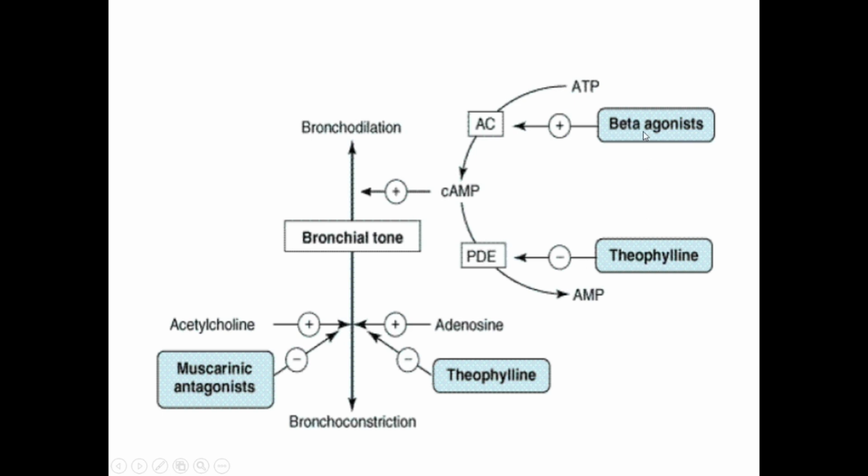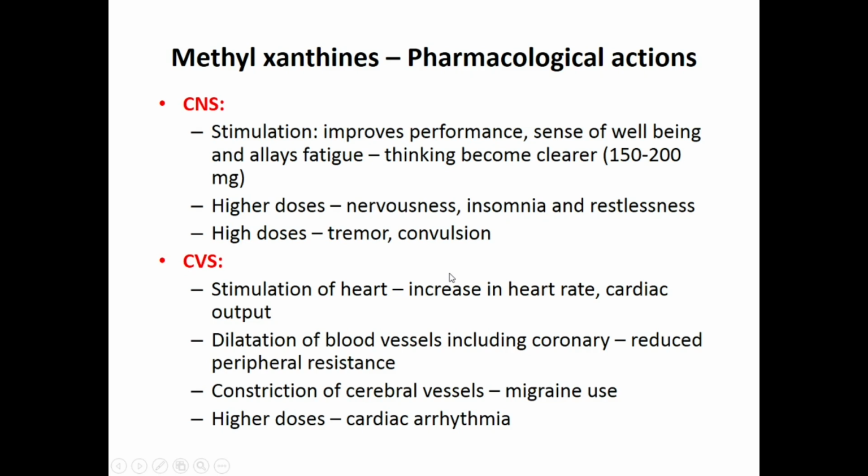Beta-2 agonists mainly work on adenylate cyclase, that is beta-2, whereas theophylline works by inhibiting the enzyme phosphodiesterase. Among its pharmacological actions, in the CNS it may cause stimulation. In the CVS, it can also cause stimulation.